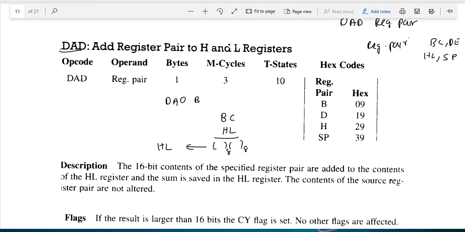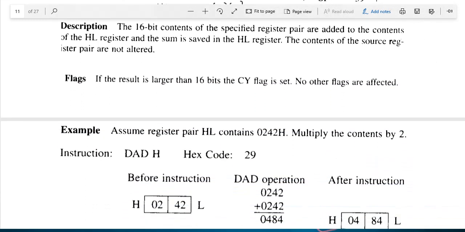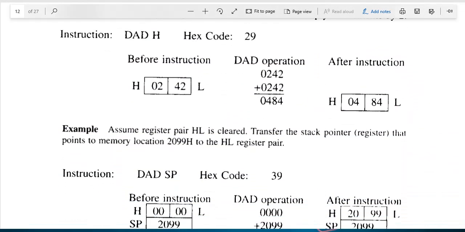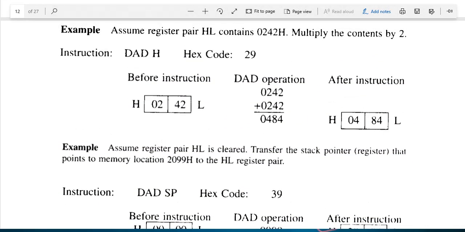So it is a DAD instruction. For example, if I want to multiply any 16-bit number by 2, it can also be achieved by this DAD instruction. For example, if we have the data 0242 and I want to multiply it by 2, by multiplying by 2 we get the result 0484.